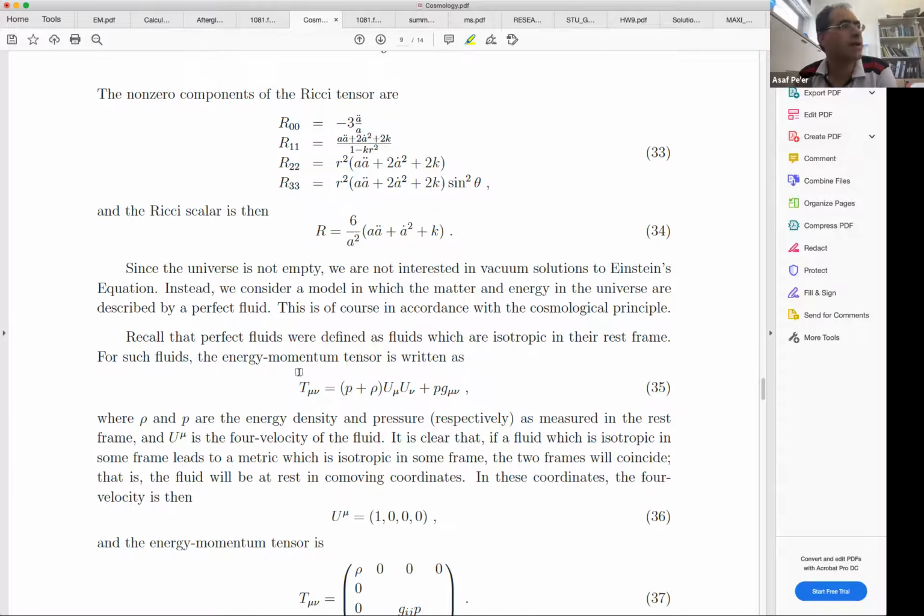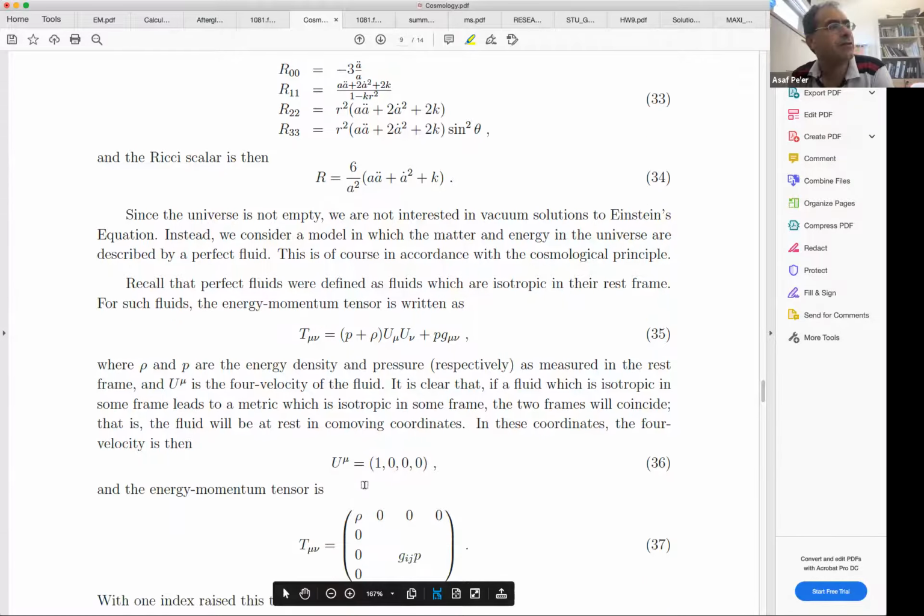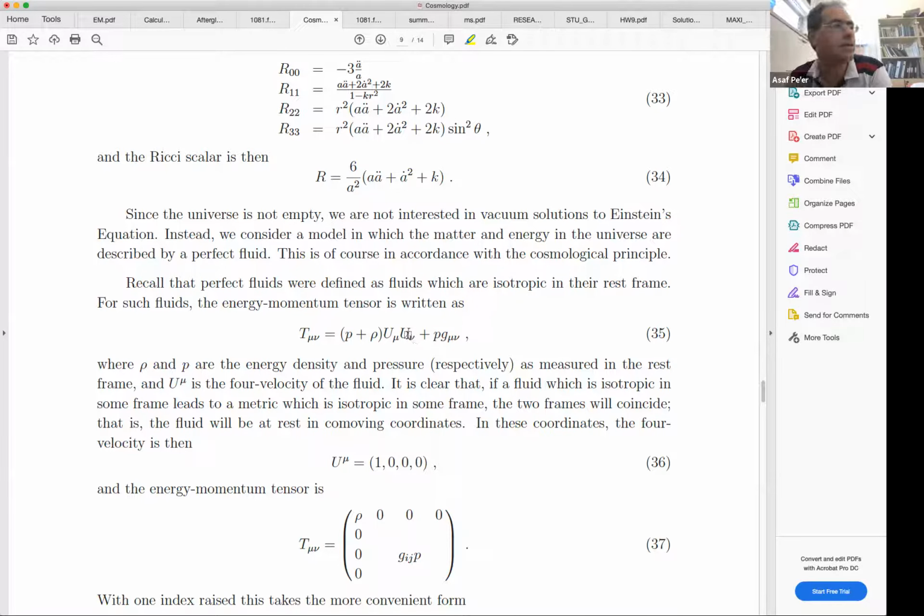So if I want to write down the energy momentum tensor, T^μν, in the form of a matrix, then it's going to be (P plus ρ) U^0 U^0, that's just P plus ρ, and g^00 is just -1, so I'm just going to get the ρ here, right? For all the other μ and ν which are not 0,0, the first term is going to be 0, so it's not going to contribute anything.